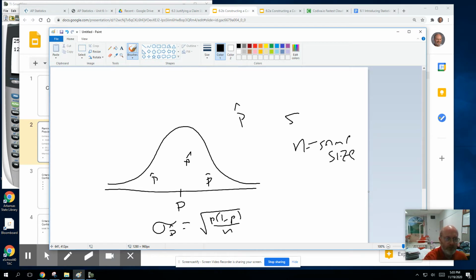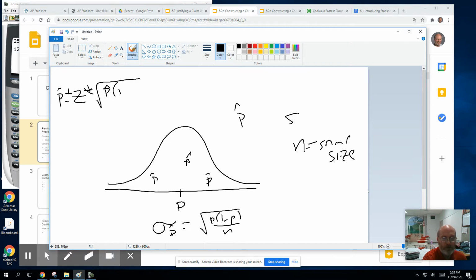So our confidence interval comes from the equation we talked about yesterday: p hat plus or minus z star times the square root. Since we don't know what p is, we would like to know what p is, but since we're estimating the population proportion p, we have to use p hat as a point estimate for that.